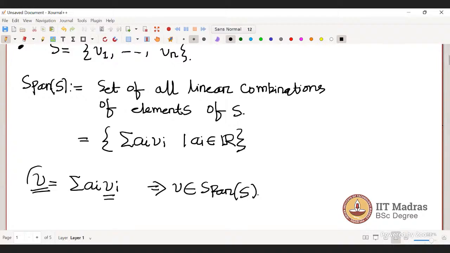If I can, then this B is in span of S. So I have to take all possible elements that I can write as a linear combination of these Vi's.